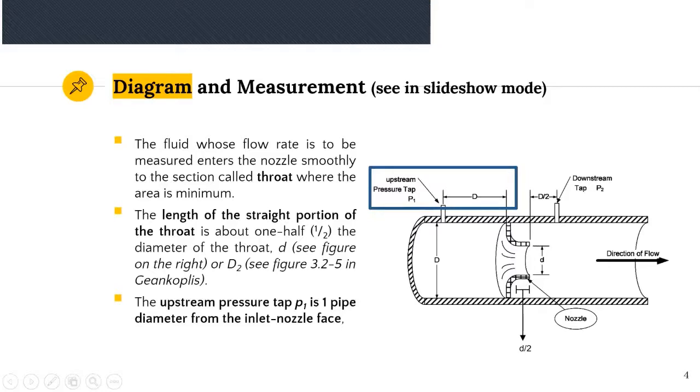Now, the length of the straight portion of the throat is 1/2, so only half of the diameter of the throat.